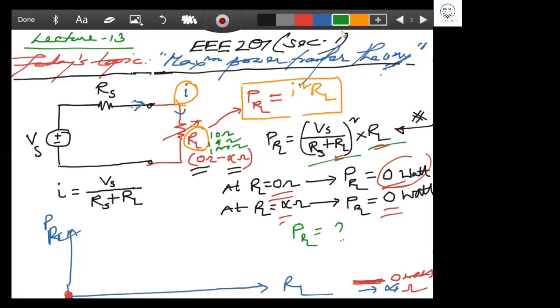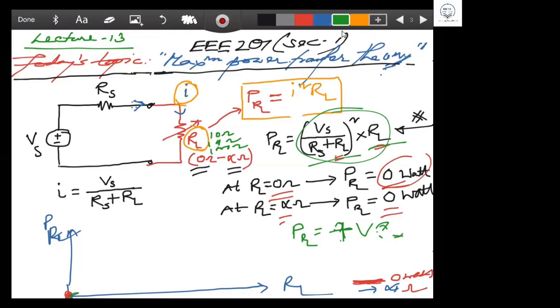Hey Dax, what happened? Positive, sir. All values here, if you put the RL, there is no negative sign here at all. And if you put the value, it will be all positive. You all understand this thing? Yes, sir. If all the values are positive, then look, starting value 0 and ending value 0.